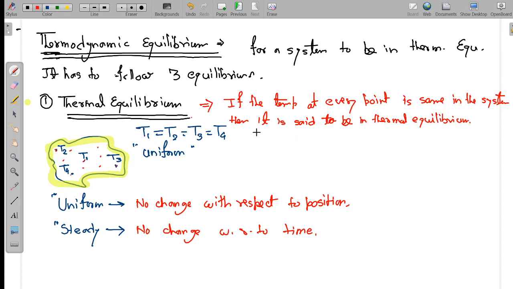In short, we can write: temperature is uniform.